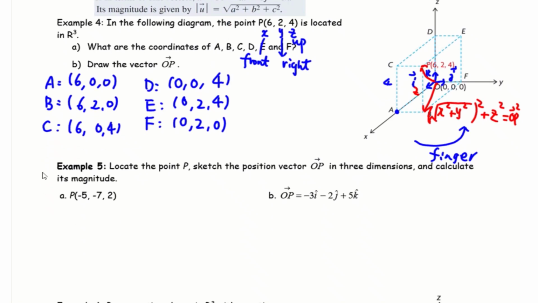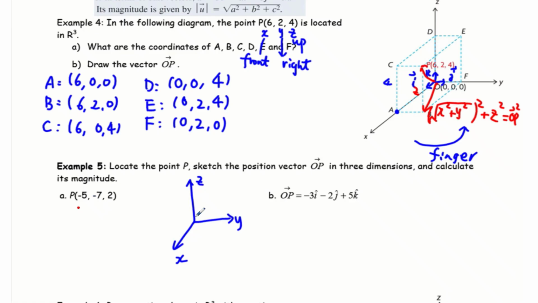Then locate the point P, sketch the position vector OP in 3 dimensions, and calculate its magnitude. So this one you will get the xy direction. So this is z, this is x, this is y.